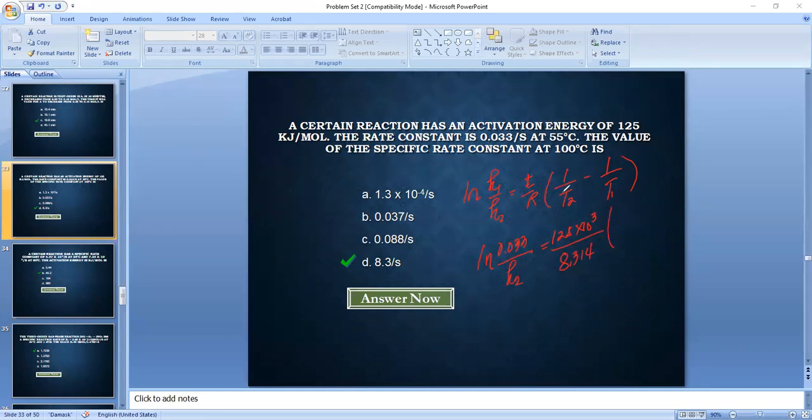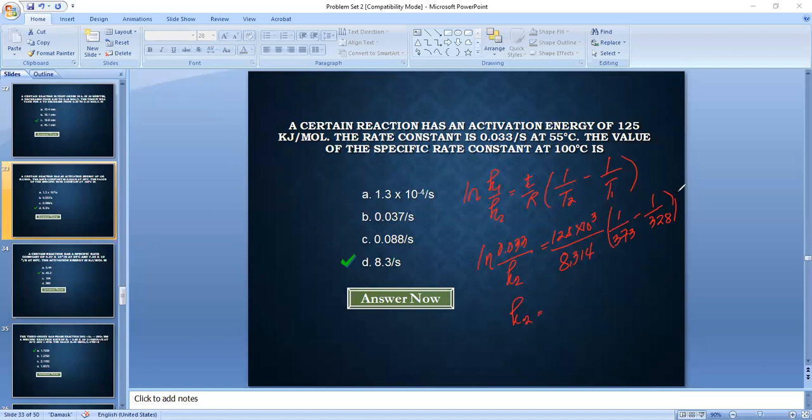Then you have here T sub 2, so T sub 2 would be this 100. You will have 1 over 373 minus 1 over this one. Temperature is 55 plus 273. The answer is 328. So 328. You'll be getting the K sub 2.